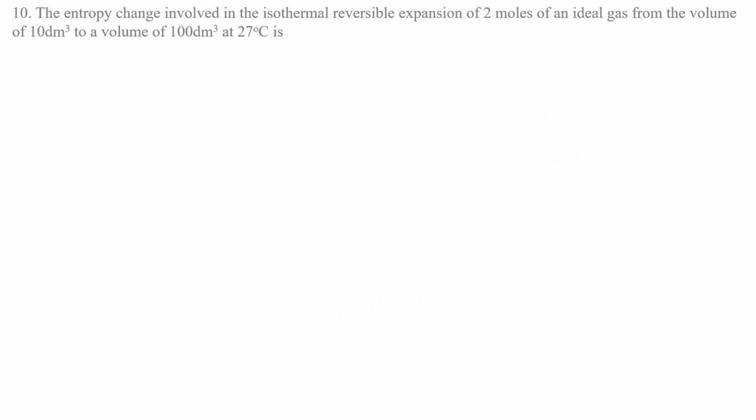Now, problem number 10 says the entropy change involved in the isothermal reversible expansion of 2 moles of an ideal gas from volume 10 decimeter cube to a volume of 100 decimeter cube at 27 degrees Celsius is.